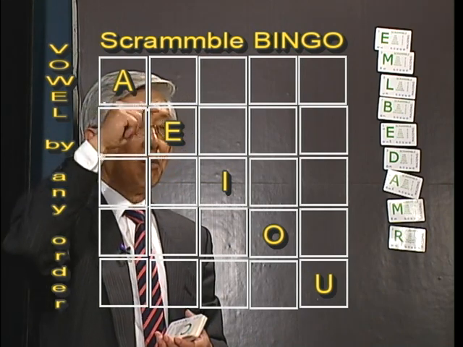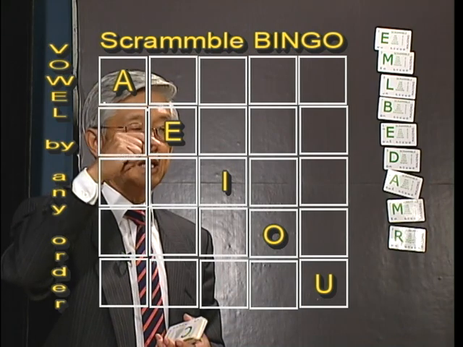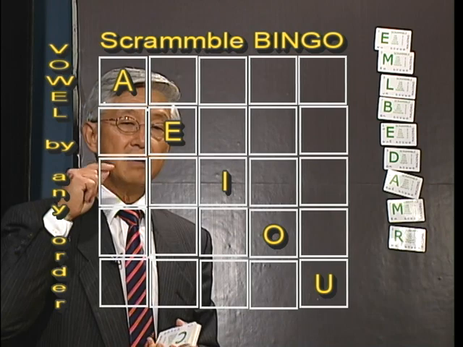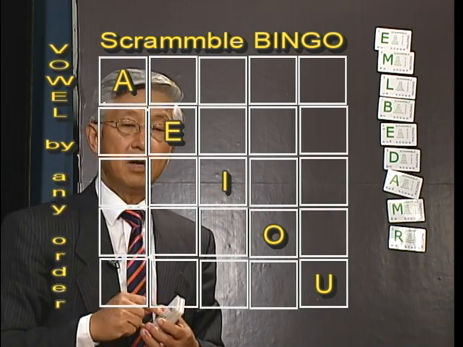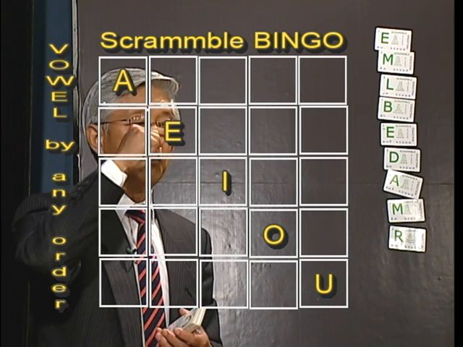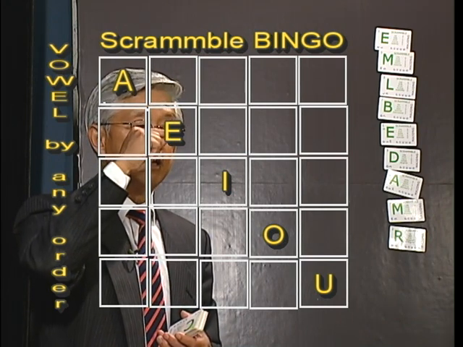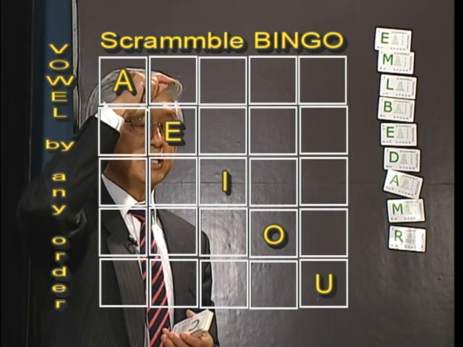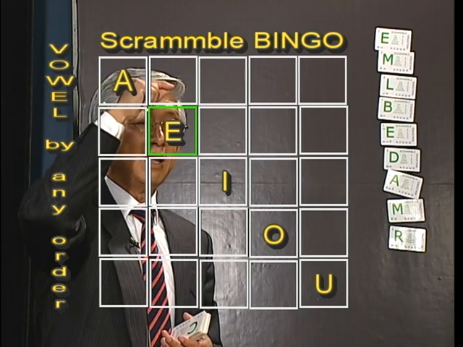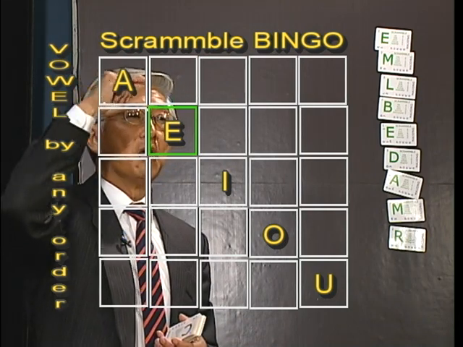We were talking about one vertical line, and that's determined by E. Now, you can add a rule to make the game a little more complicated or more challenging. That is, when you put a word in this E box, it must contain E. But when you put a word in this box, you must have E and A, because horizontally is the A row.